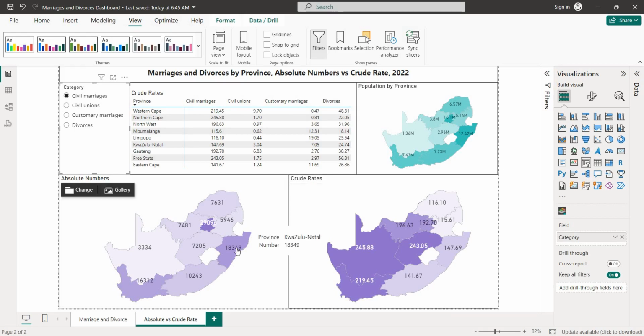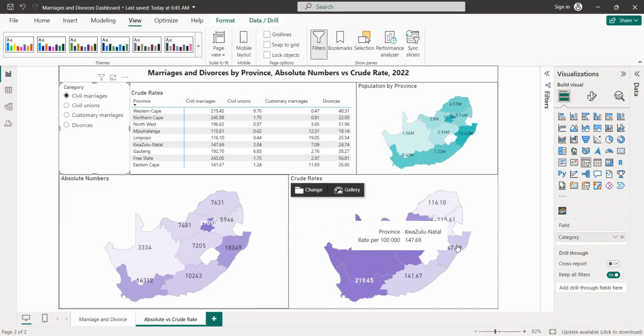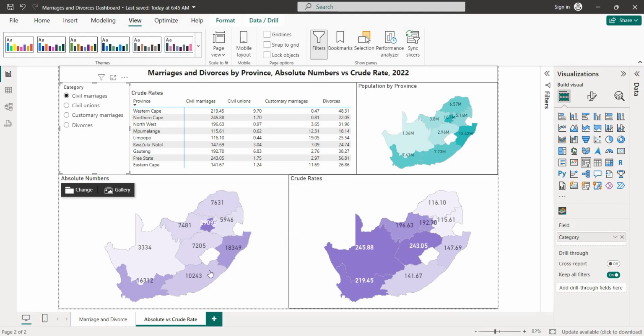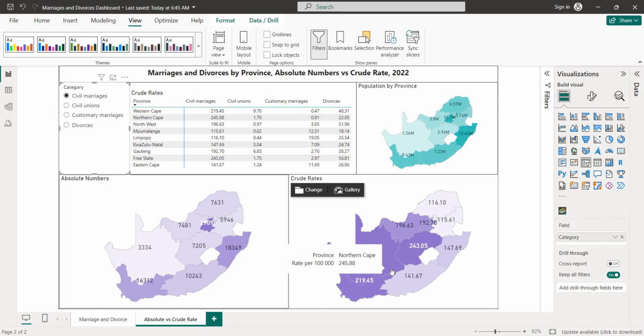So we see that KZN has moved from being one of the highest in terms of absolute to being mid in terms of the crude rate. So this tells us that the absolute numbers here are a bit more of a reflection of the population numbers rather than the actual rates of marriage in the provinces.